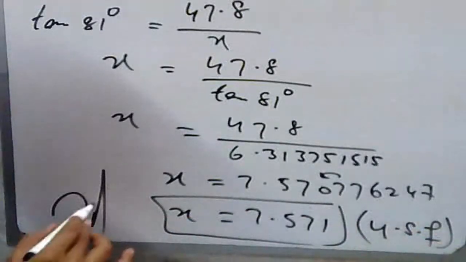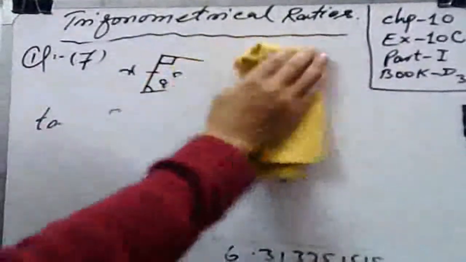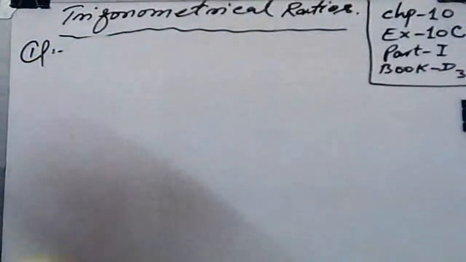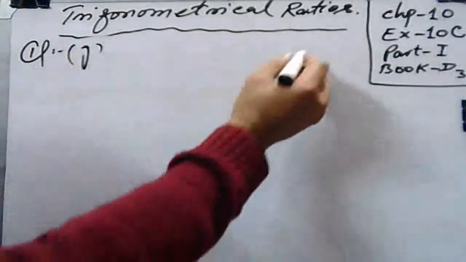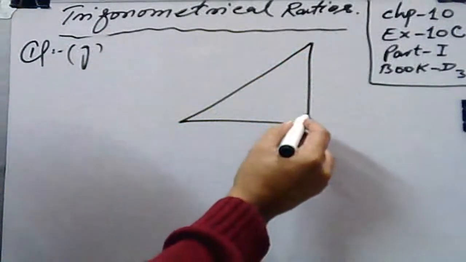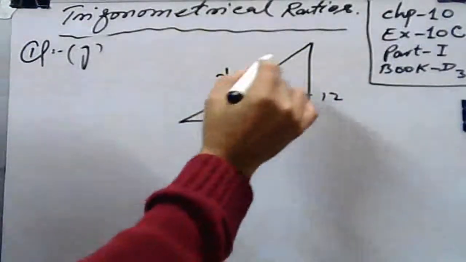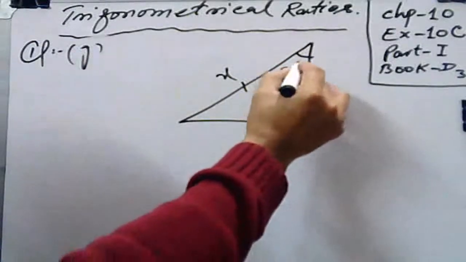Now coming to another figure given to you, that is your G. This figure is a little bit simple. So here is your 90, this side is 12, this side is your unknown, that is x, and this angle is 53 degree. So we have to find the value of x.